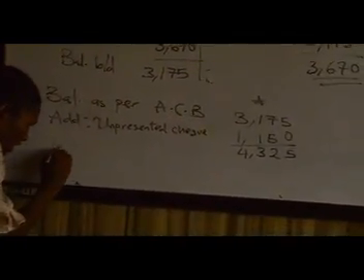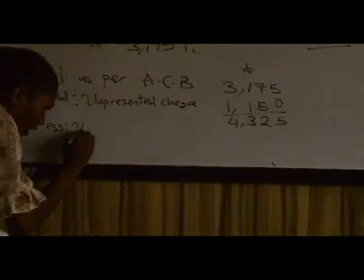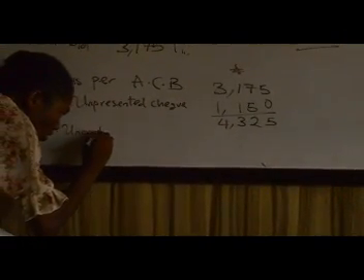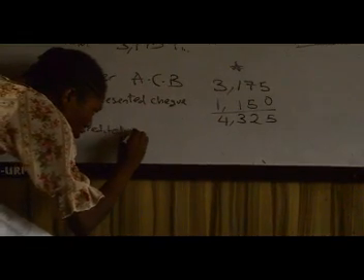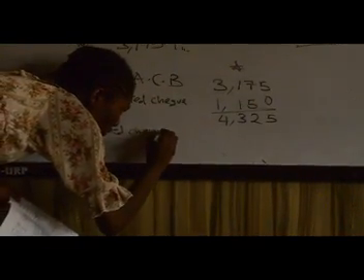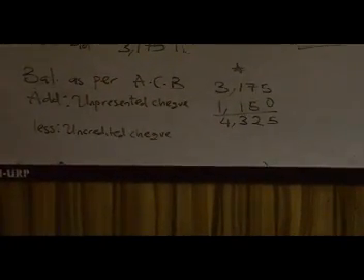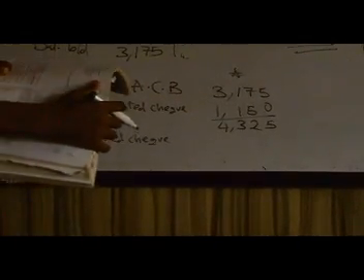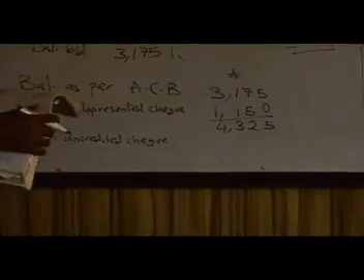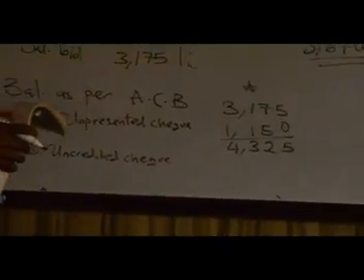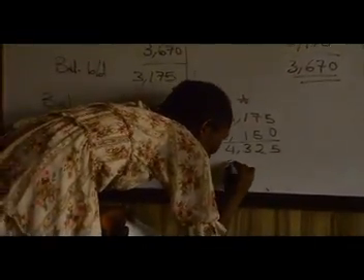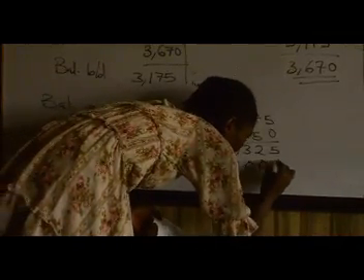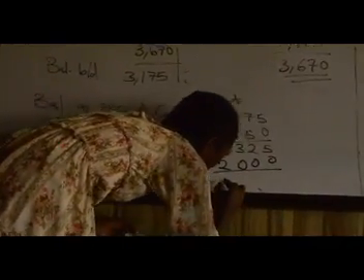Now we are going to be lessing our uncredited check, and according to B, our uncredited check is 2,000 naira. So we less our 2,000 naira, and we have a balance of 2,325 naira.